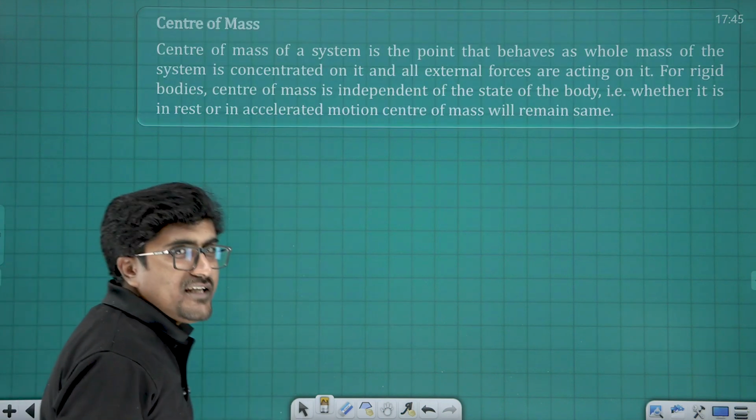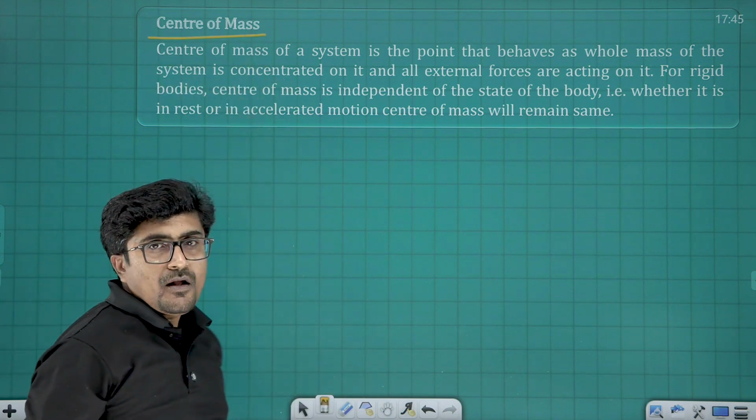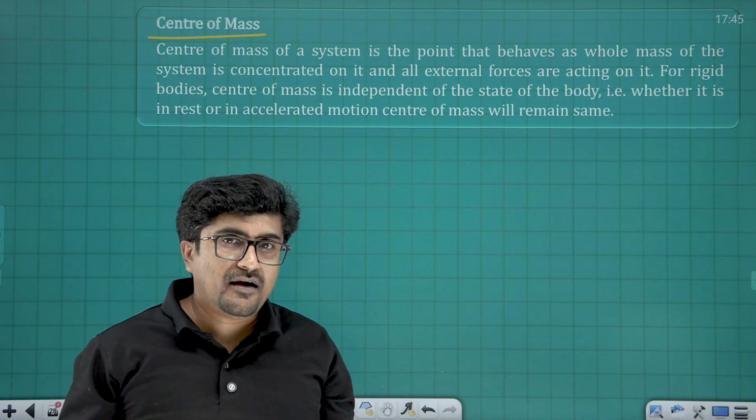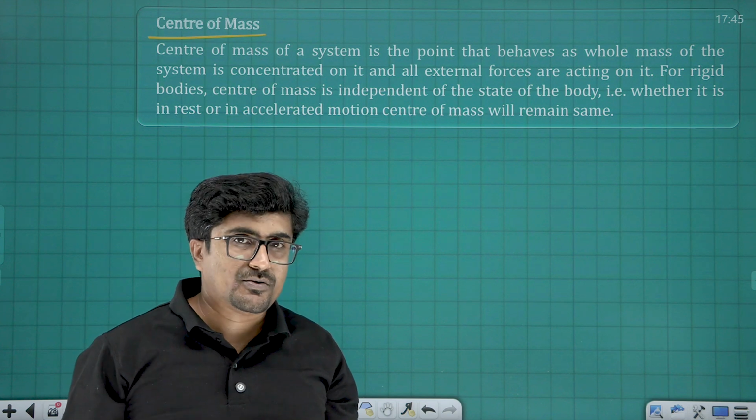The very first thing is the center of mass. It is that point on a body where the entire mass of the body is assumed to be concentrated.